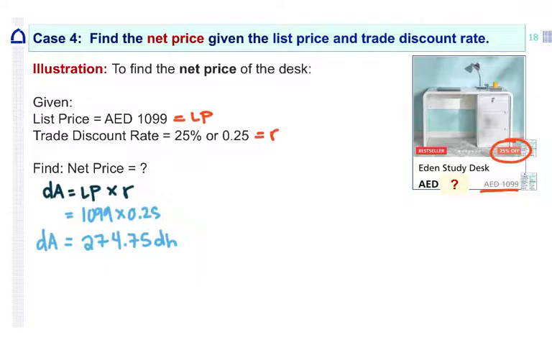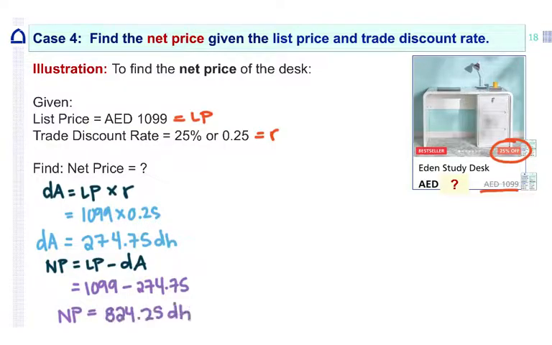The net price, you just do the list price minus the discount amount we just found. So in this case, it will be $1,099 minus $274.75, and we will get a final net price of $824.25 dirhams.